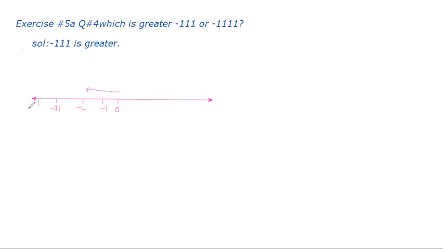A point will come when you will reach minus 1111. So when you move towards your left, the value of numbers decreases.